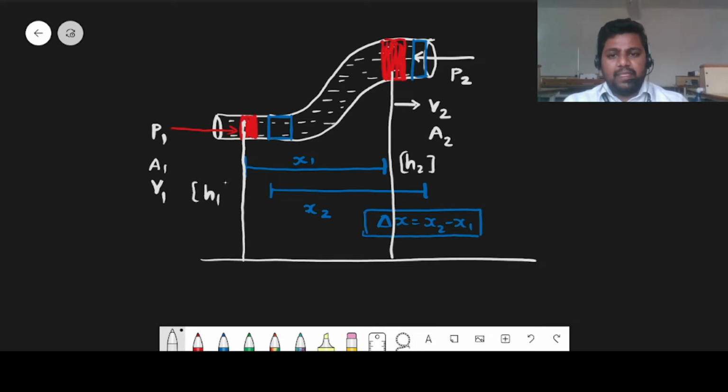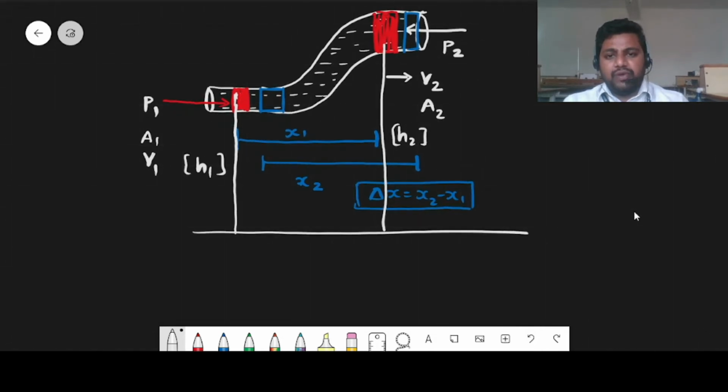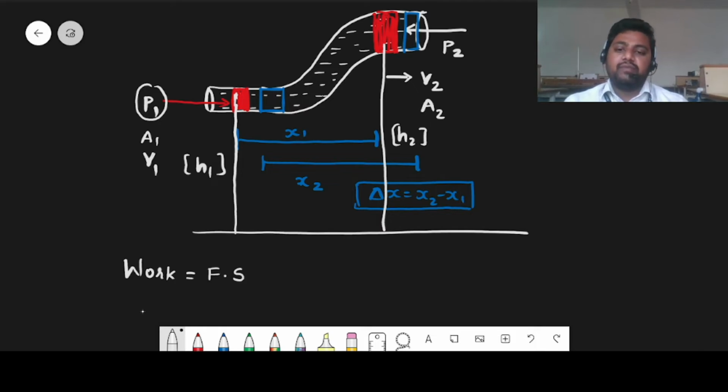Now, if the liquid has to be moving, there should be some work happening. From where is that work being done? It is due to the pressure that the work is being done. In general, the formula of work is force into displacement. We can understand the force due to pressure.